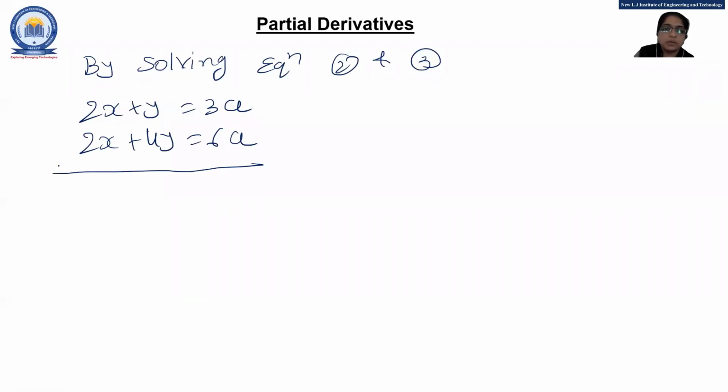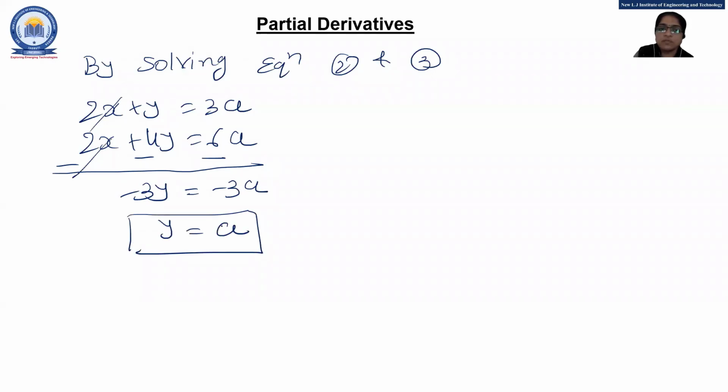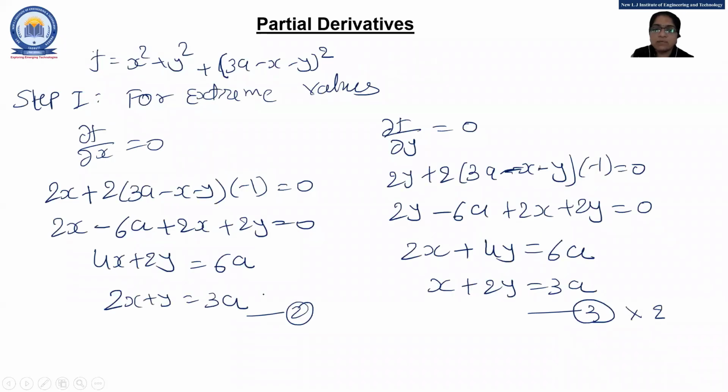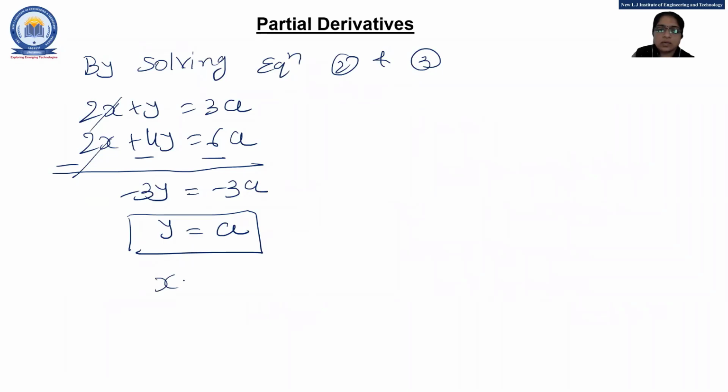After subtracting both equations, we have minus 3y, this is minus 4y plus y, so minus 3y. This is minus 3a. So y is equal to a. So if I substitute y equal to a in either equation 2 or 3, then I get x equal to a. Okay, so my stationary point is (a, a).